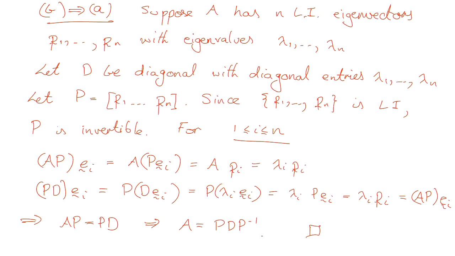So we could have started with the assumption that A is diagonalizable and therefore it has n independent eigenvectors, but we're just starting by saying, let's say A has n independent eigenvectors. As soon as we take n independent eigenvectors, we can make the matrix P and the corresponding matrix D, and we've shown that A is diagonalized by this P.